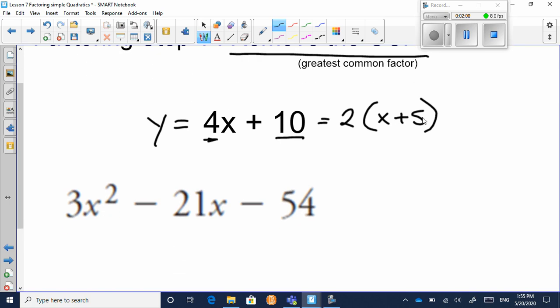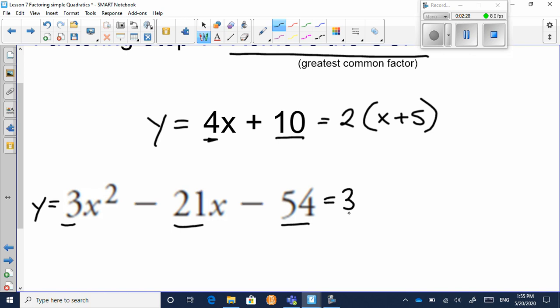Well, let's try it for an actual quadratic. So if I had this, and I know it's a quadratic because it's got the squared term with the x, well, I could pull out a common factor. I look at the numbers, and I see 3, 21, and 54, and I notice that 3 goes evenly into all of those. And so watch what I can do.